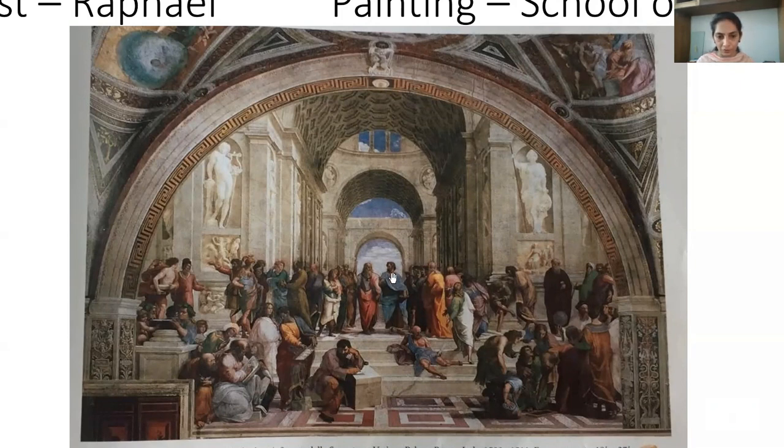Whereas Aristotle, if you can see his hand movement, is showing down on the earth. That is representing that this is the truth. What is happening here is the moment, and this is how life is.